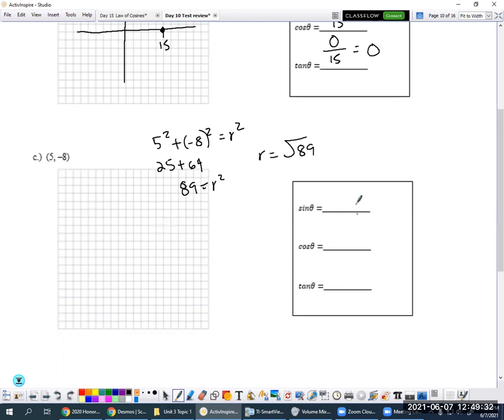I mean, you can if you want. But Y over R, X over R, Y over X. So X is 5, and I don't have to worry about reducing these, and that's exciting, and just double check. No, it does not reduce, and that's it.